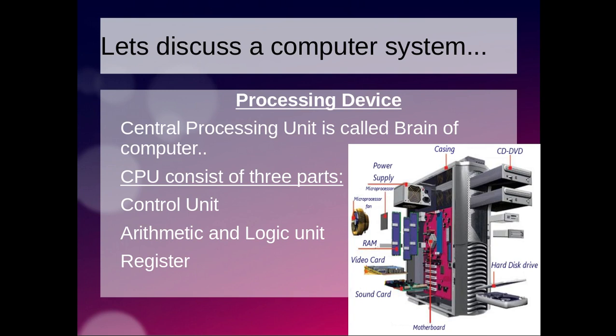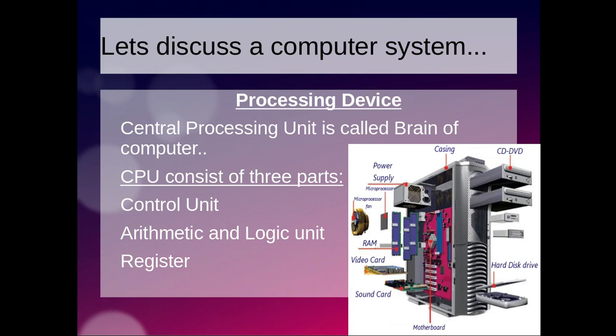CPU consists of three main units: control unit, arithmetic logic unit, and register. The control unit, the arithmetic logic unit, and register are available in a single chip called processor or microprocessor.